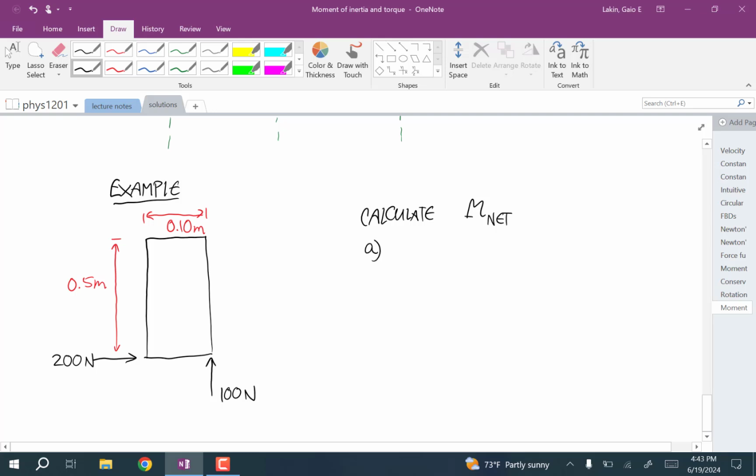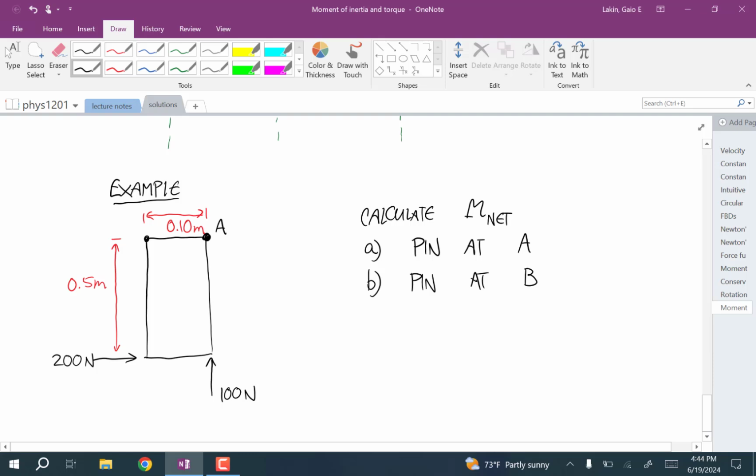First, we're going to do it if we assume the pin is at this point A, and I'll say that A is here. And second, separately, what if the pin is at the point B?